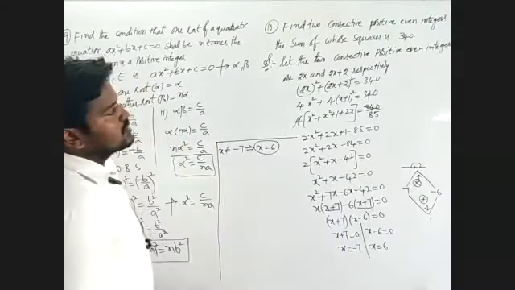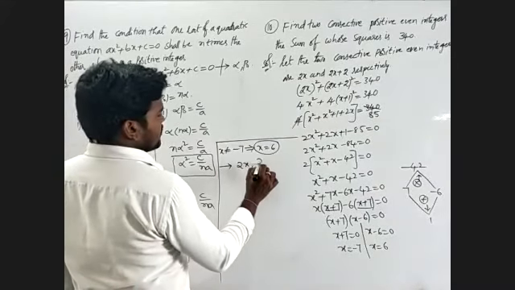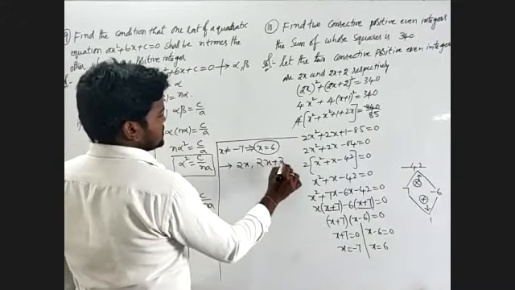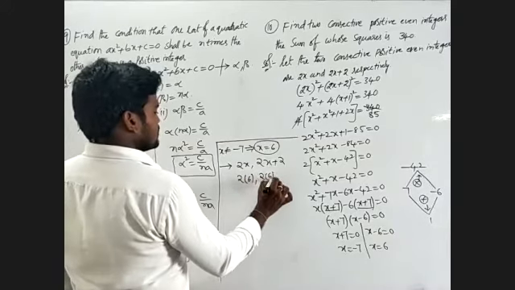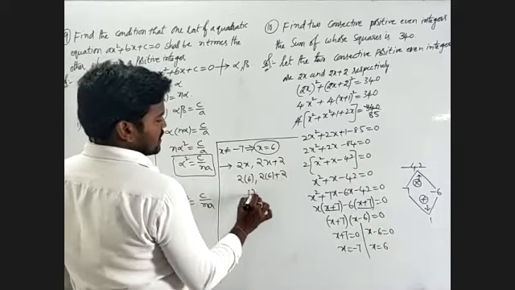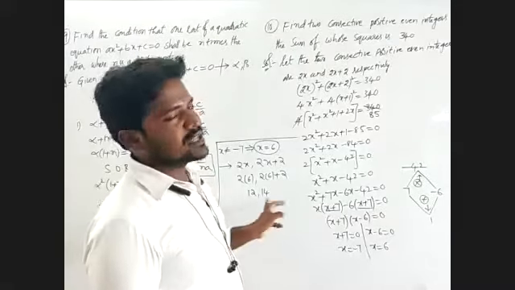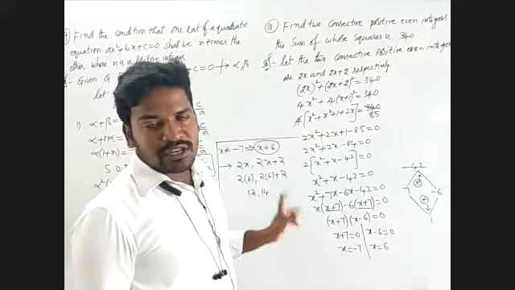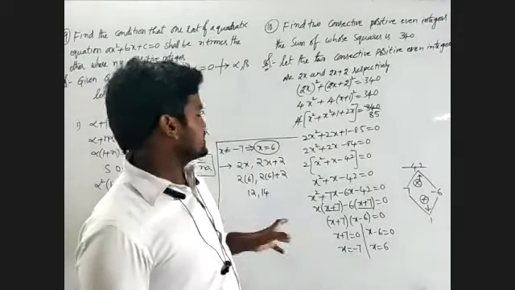We have to find the two consecutive integers. One is 2x, another one is 2x plus 2. That is 2 into 6, comma, 2 into 6 plus 2. That is 12, comma 14. Those are the consecutive positive even integers.